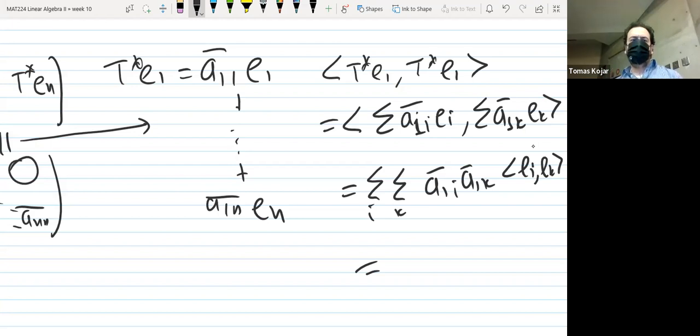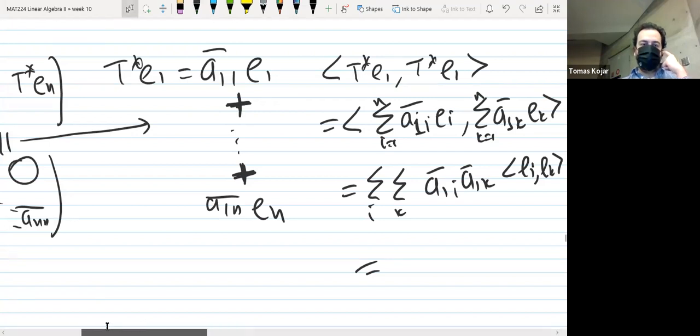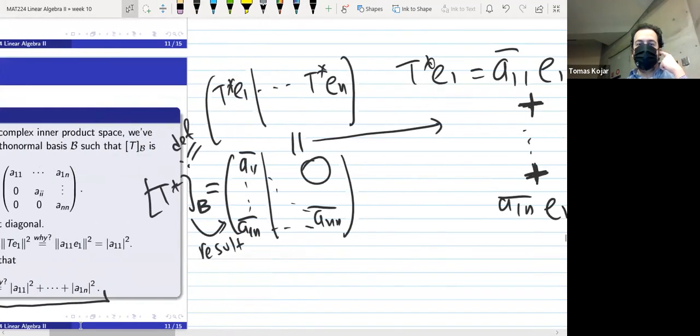No, I'm right. It's T star E1, T star E1. So you write T star E1 as a summation. The sum is over I and K from 1 to N. It's a linear combination of the basis. That's what the column means: this entry is the coefficient of E1, this one is the coefficient of En.